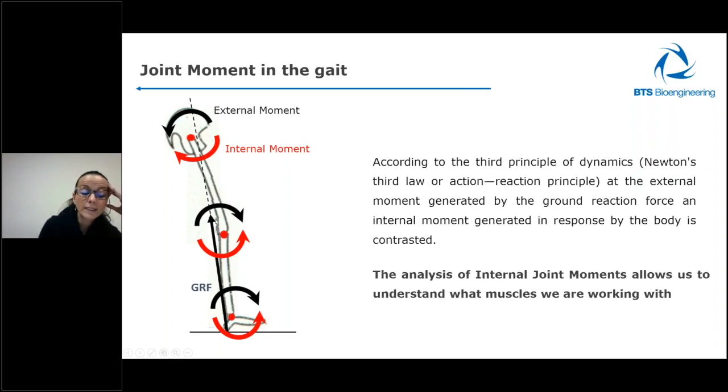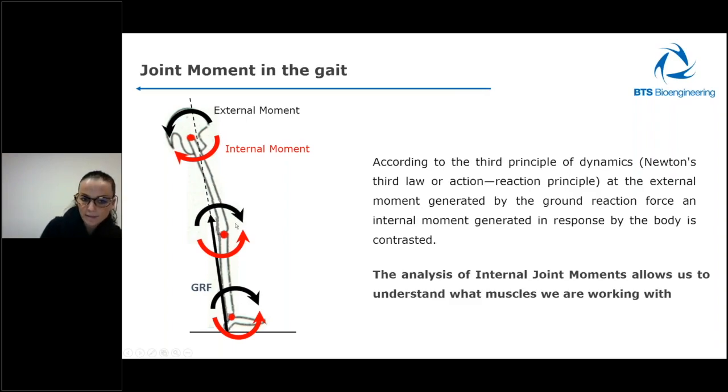Similarly, also the knee would perform a flexion movement, moving the joint center down because it was subjected to an external flexion moment.